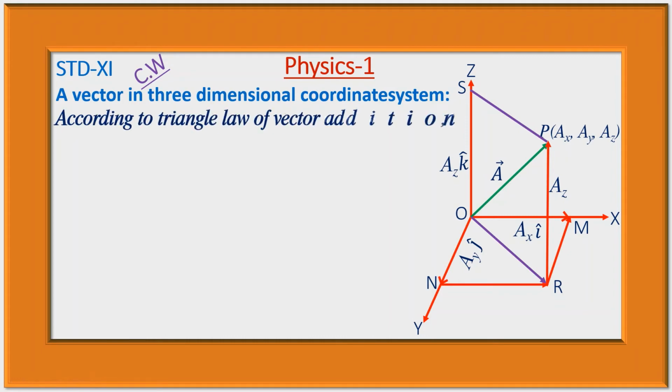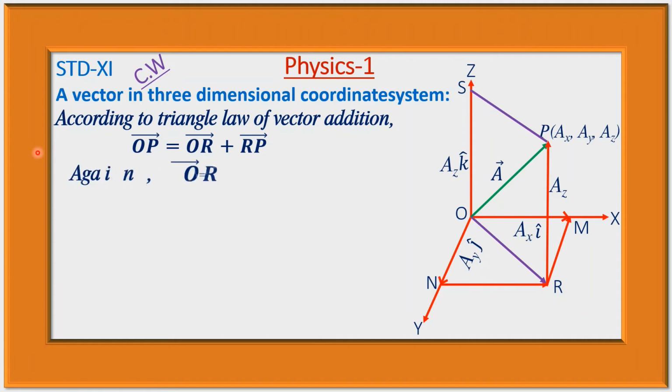Now, according to the triangle law of vector addition, OP is equal to OR plus RP. According to the triangle law of vector addition, OP vector is equal to OR vector plus RP vector. Again, OR vector is equal to ON plus NR.